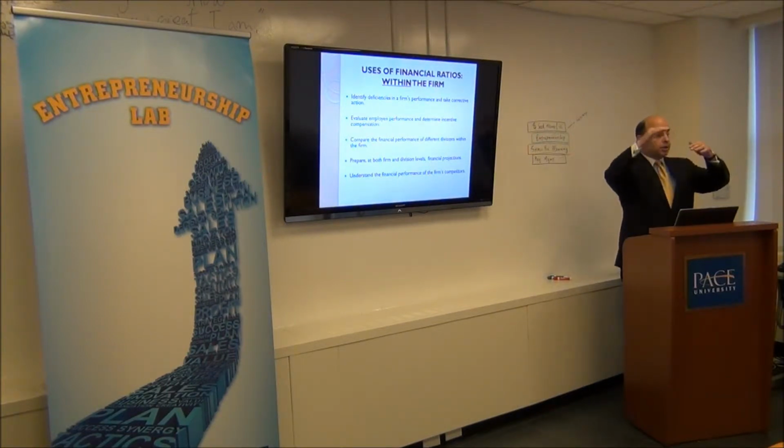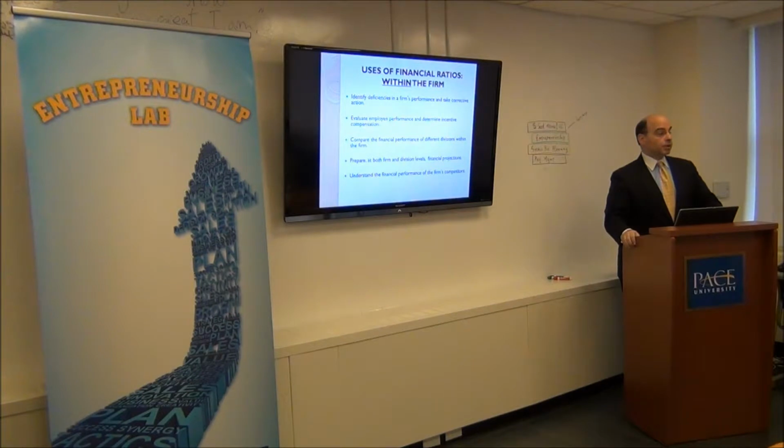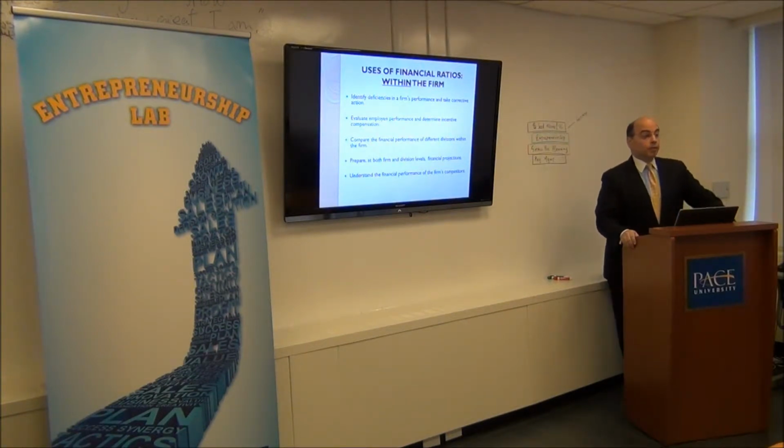Consolidated, you may see, well, I have a reasonable profit margin. Yes, you do, but you could improve your consulting business. Therefore, you may want to take corrective action and focus on that and see what types of improvements. That's what I mean by preparing at both the firm and the division level.